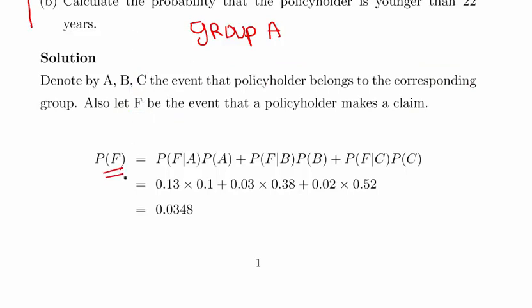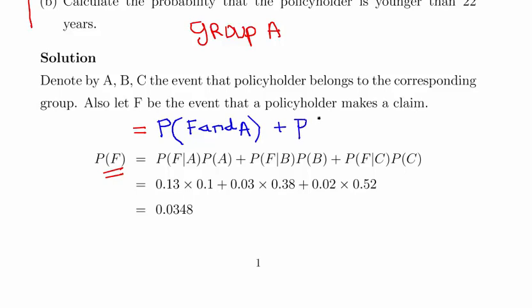So the probability of F, the probability that somebody makes a claim. Now I'm just going to write in a little sentence here above this. Let's say we have a big file full of claims on our table. What we could do is look at the ages of each and separate them into three piles.